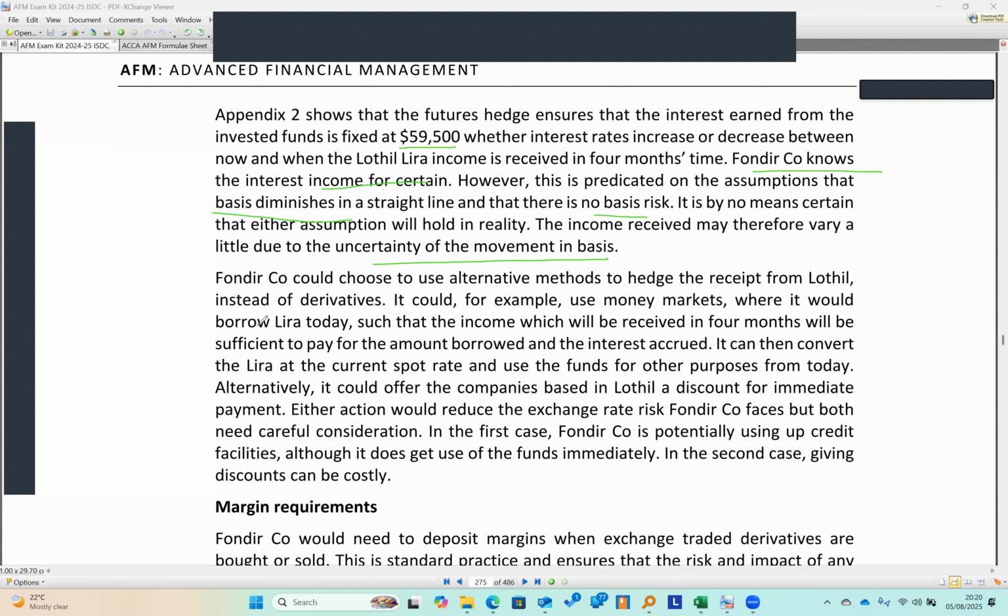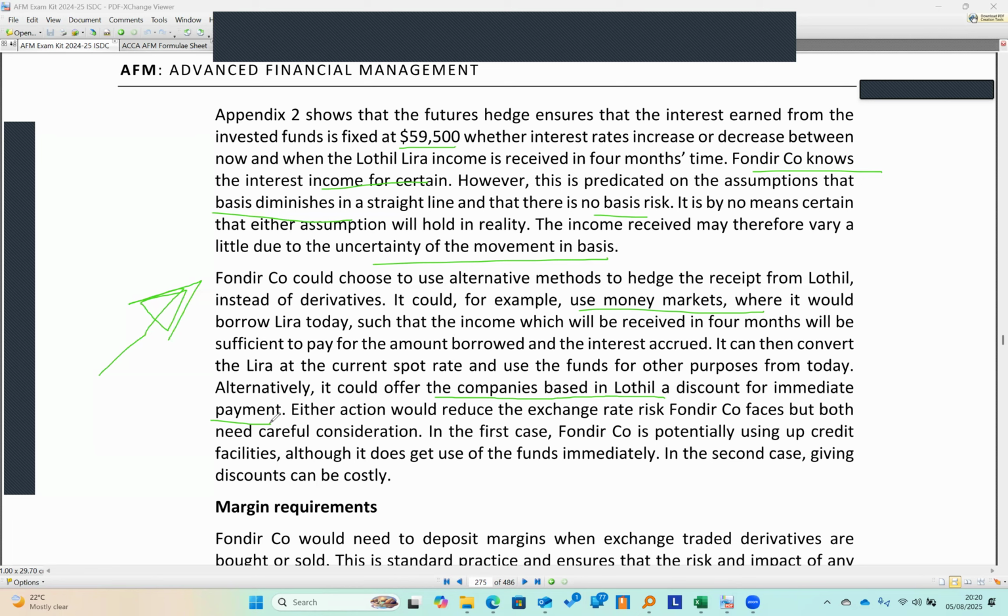So now the question also had something about alternatives that can be chosen. So here we have things like money markets, okay, where you borrow today so that when you receive that money later it pays off. Then also you convert at the spot rate and then use the funds for other purposes today. Or you can offer companies a discount rate for paying immediately, such that you don't have to have that risk.